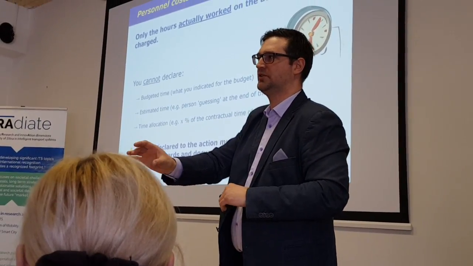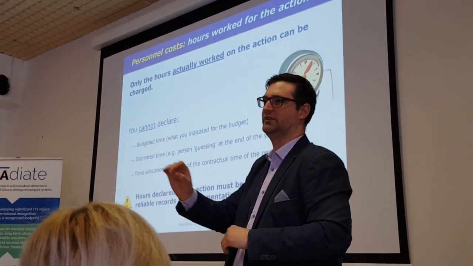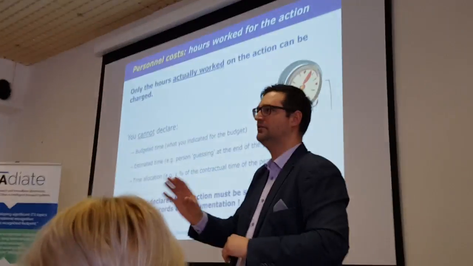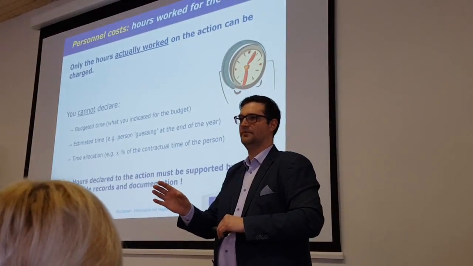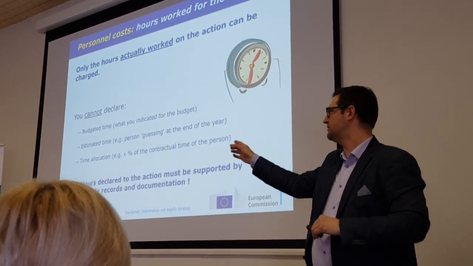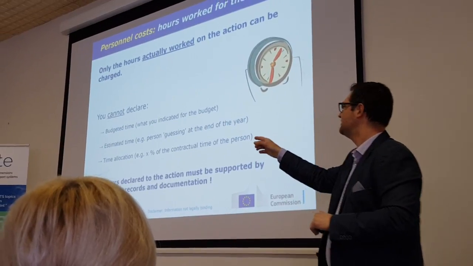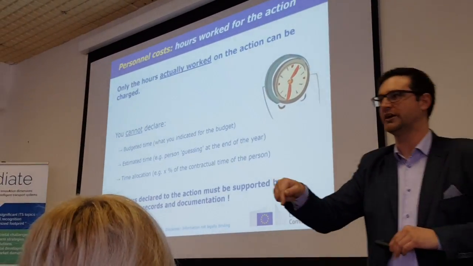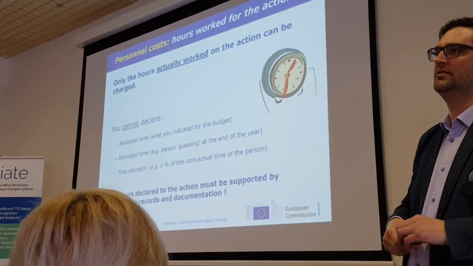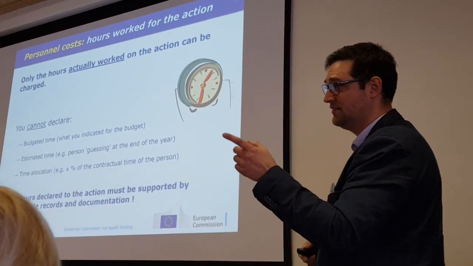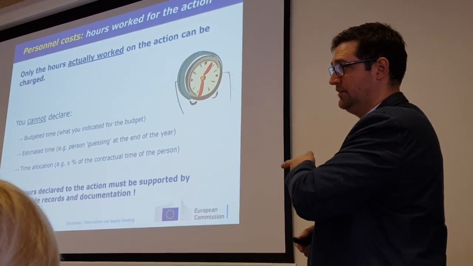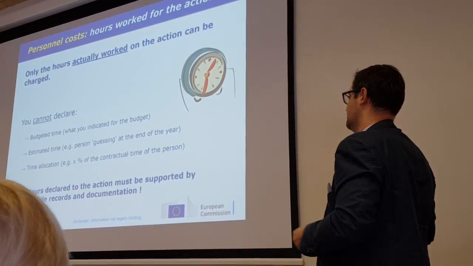One month it can be 30%, another it can be 40, 50, 10%, you never know. So avoid implementing the time allocation in your labor contract. Unless you are exclusively working in the action, or for the action.